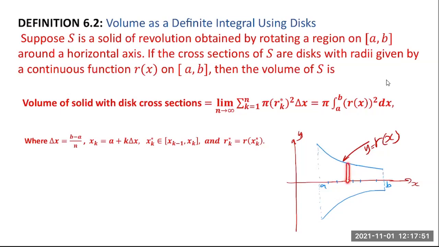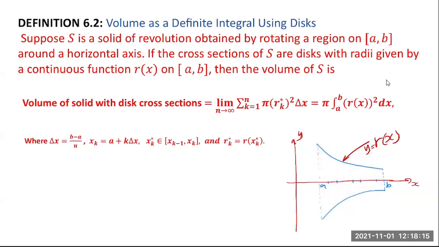Now, suppose you want to find the volume of the solid obtained by rotating this region about the x-axis. Then you get a solid like this. You want to find the volume of this solid.